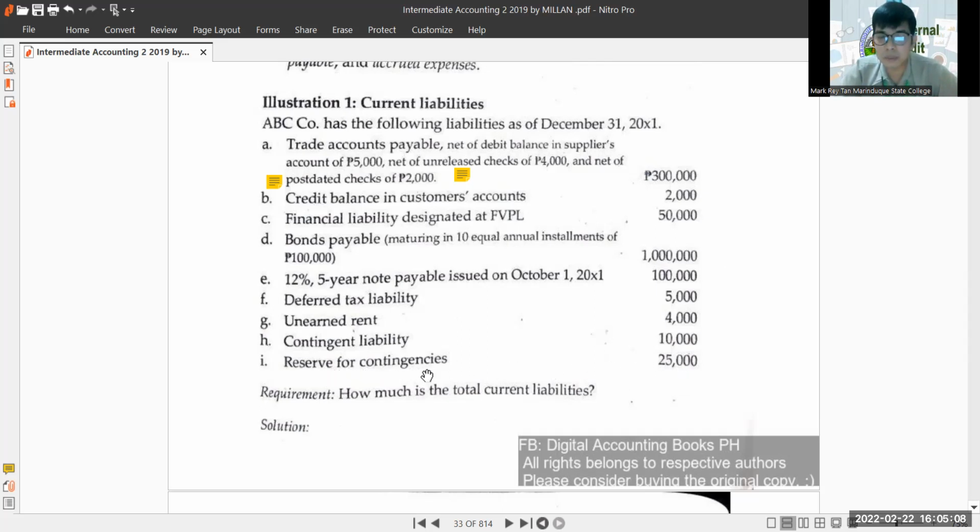Pag sinabi nating reserve, normally kung may discussion kayo sa corporation, meron tayong sa retained earnings, yung mga appropriated tsaka unappropriated. So pag sinabi natin reserve for contingencies, inilagay natin siya sa appropriated retained earnings, ibig sabihin, hindi siya pwedeng galawin. So this is part of equity. Okay? It's part of equity.